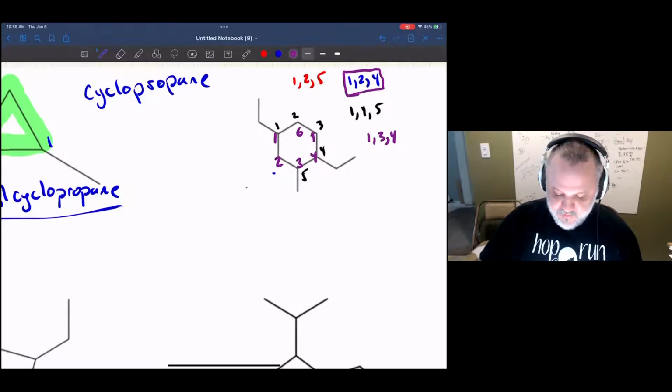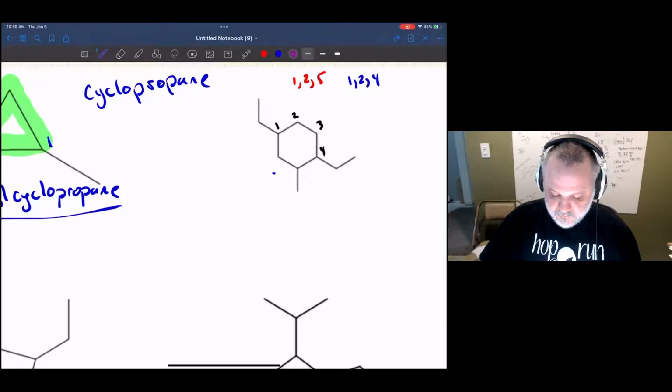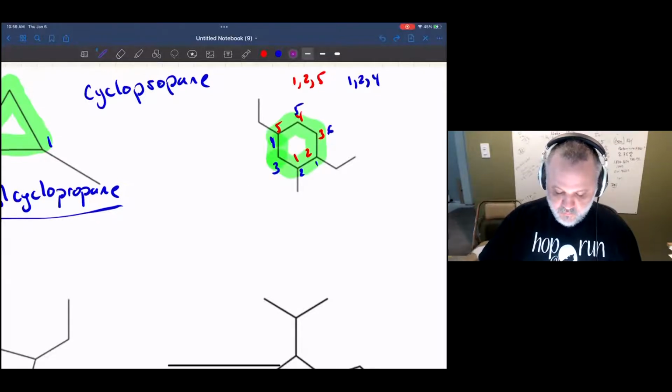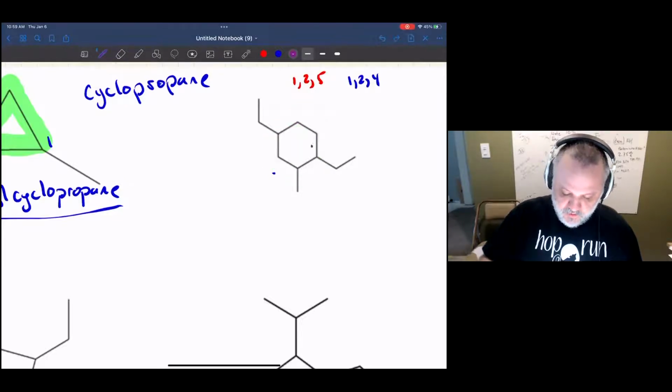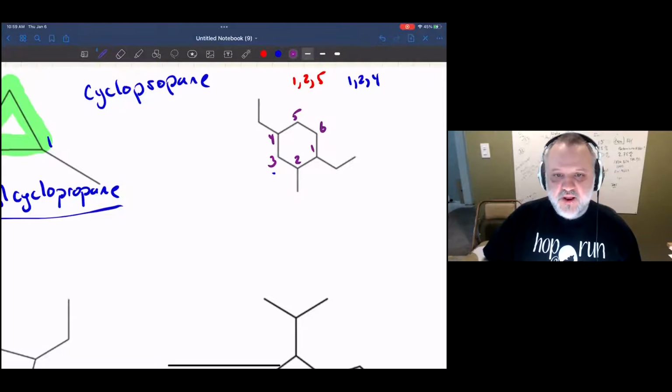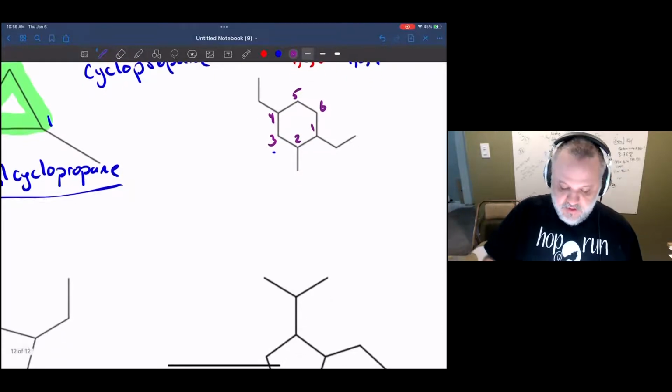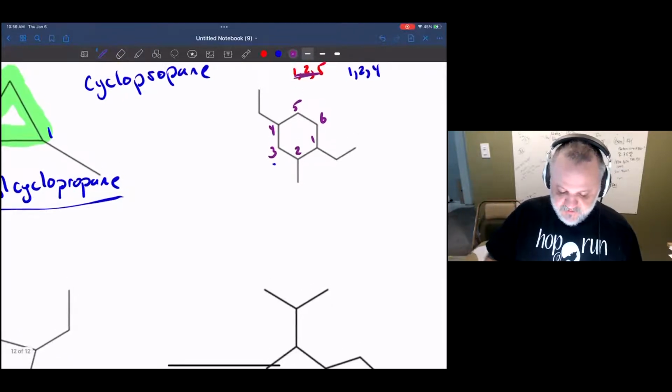And so if I remember correctly, go back to that where I had the blue numbering. There we go. There's the blue numbering. That's 1, 2, 3, 4, 5 counterclockwise, starting with the ethyl group. So 1, 2, 3, 4, 5, 6. So now I've got it all sorted out. What do I have at each of these positions?